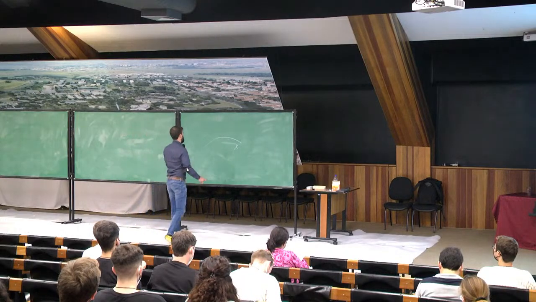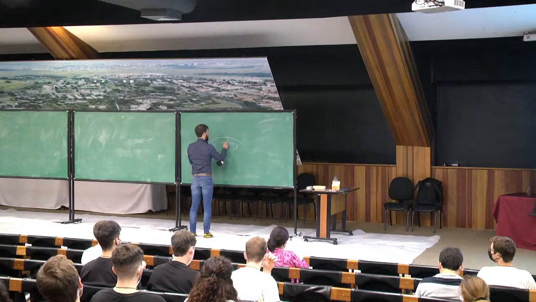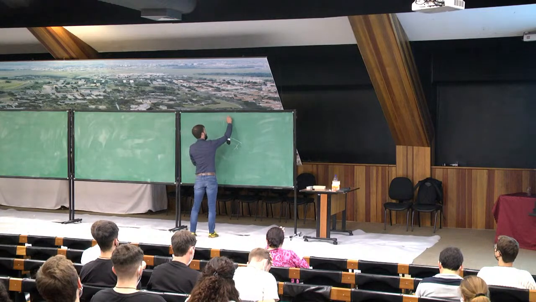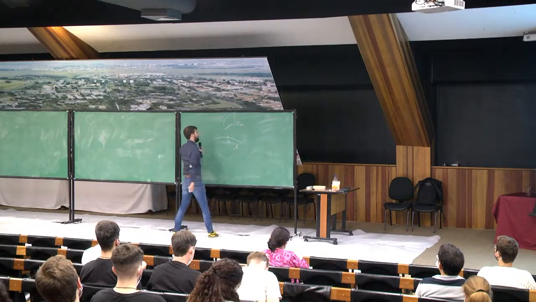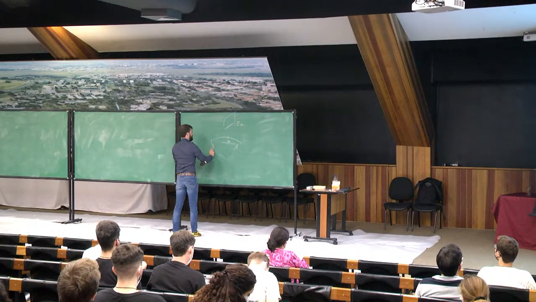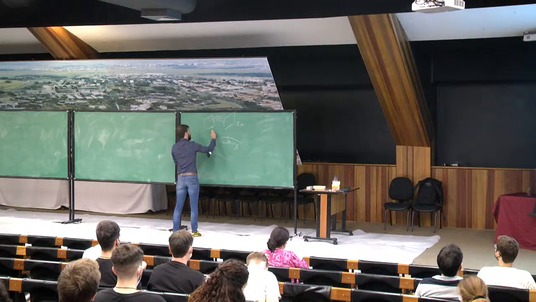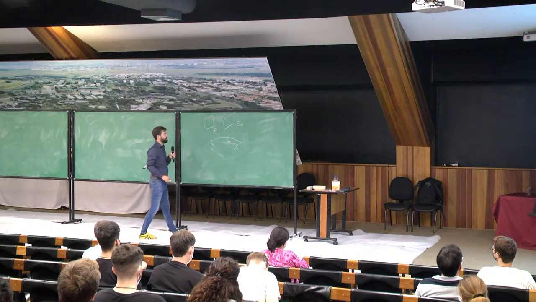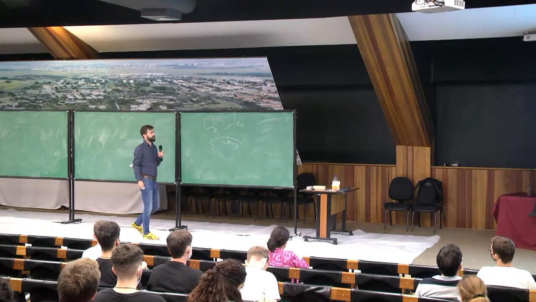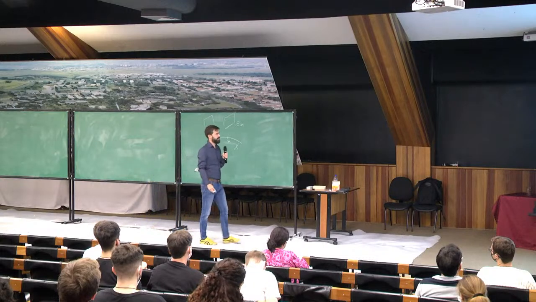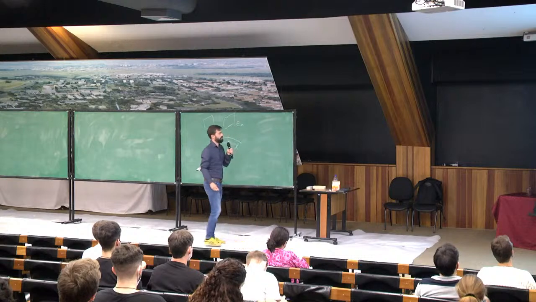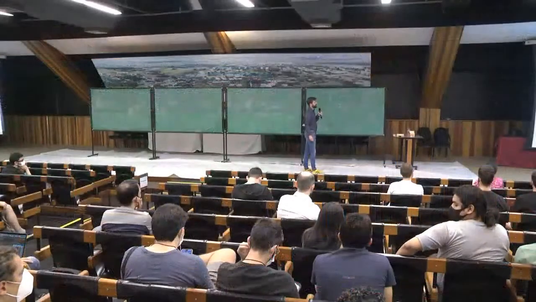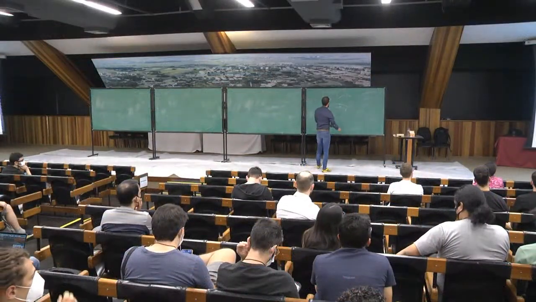Then to every x, every element here, is attached a linear space, E_x, and then you have a certain set Δ of sections.